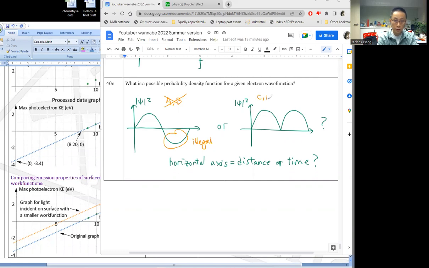Whereas choices C and D have this shape, and that's correct. What you have to do is to distinguish between distance versus time for the horizontal axis. These are probability distribution functions for locating an electron within the atom. The x-axis, therefore, is the distance from the nucleus. It's not time. Therefore, choice C is the correct answer.